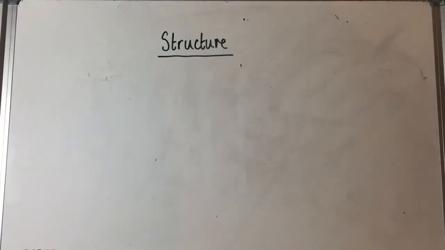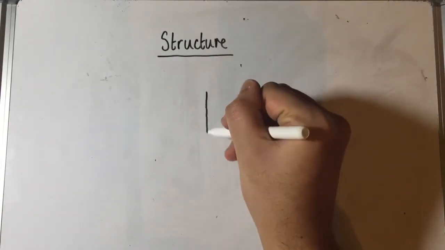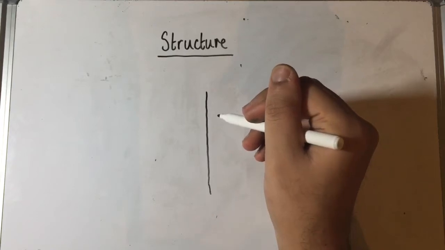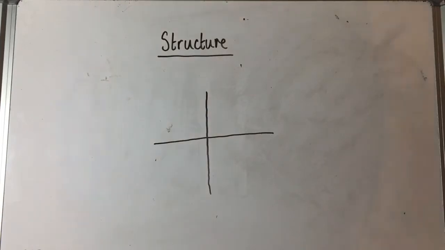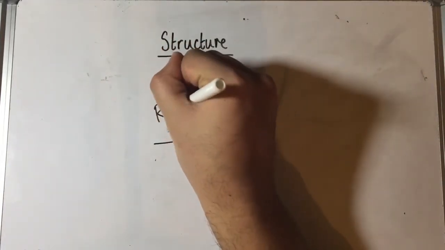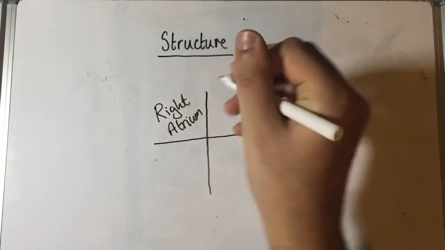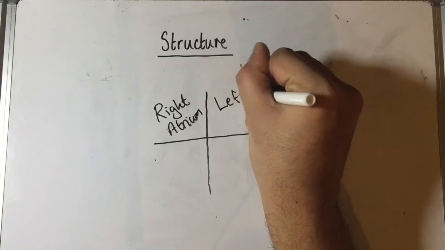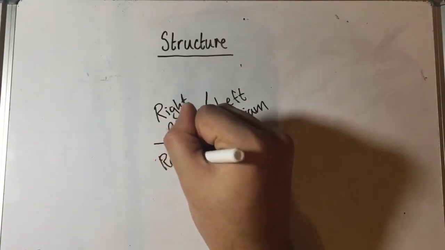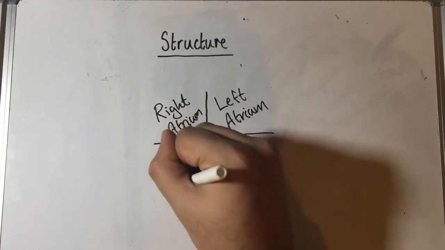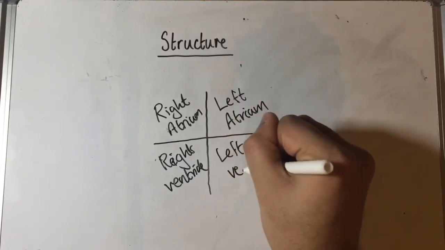So if we map the heart as simply as possible, we know that it's divided into two, like so, and then it's divided again into two, like so. What you have is the right atrium and the left atrium, and then you've got the right ventricle, and then you've got the left ventricle.